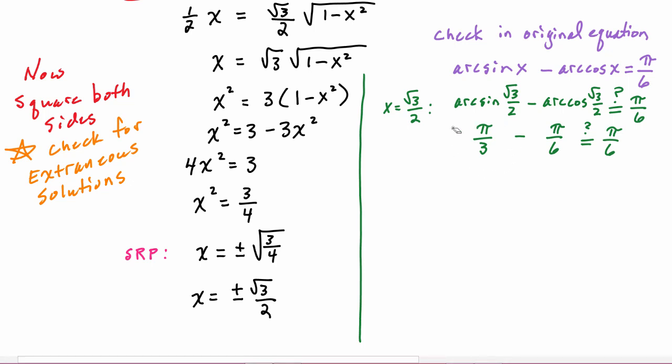We know that pi over 3 is the same thing as 2 pi over 6, and we are subtracting 1 pi over 6. So yes, indeed, that does equal pi over 6. So that is a yes. So this is a solution.